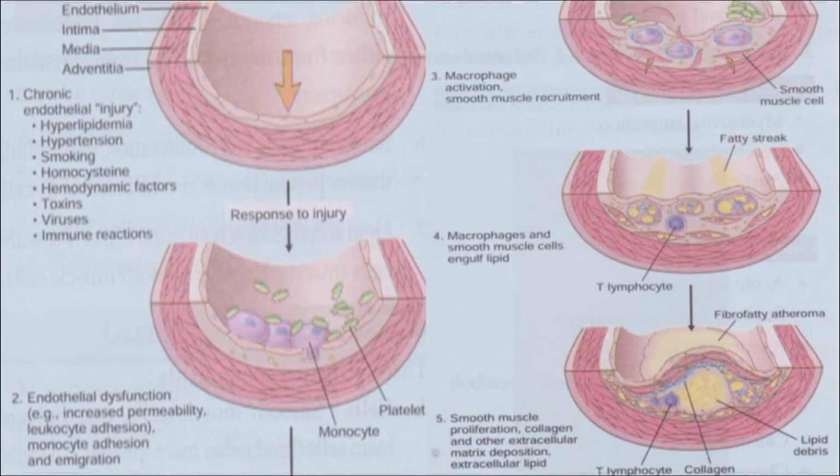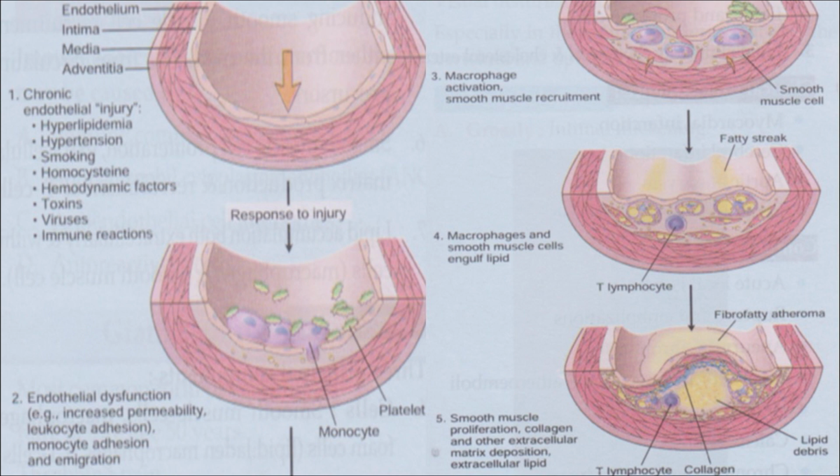With chronic endothelial injury, what happens? The response is endothelial dysfunction, with increased permeability, leukocyte and monocyte adhesion, and emigration. Then macrophage activation and smooth muscle cell recruitment, with movement of smooth muscle cells from the media to the plaque.